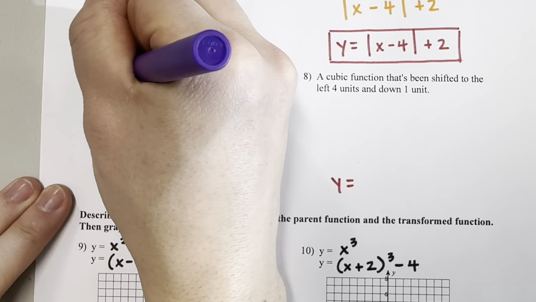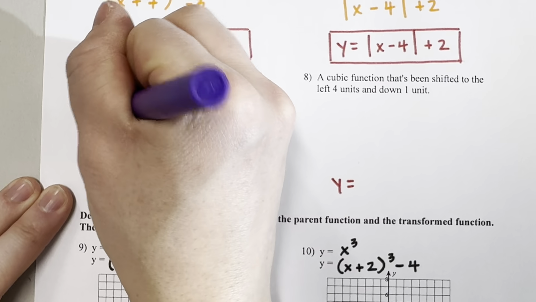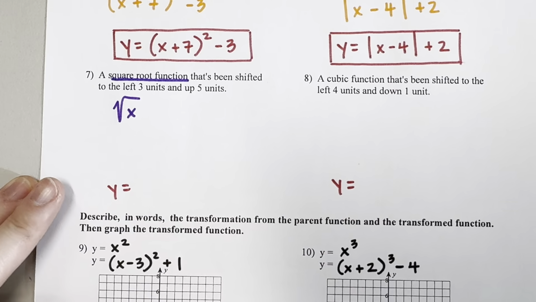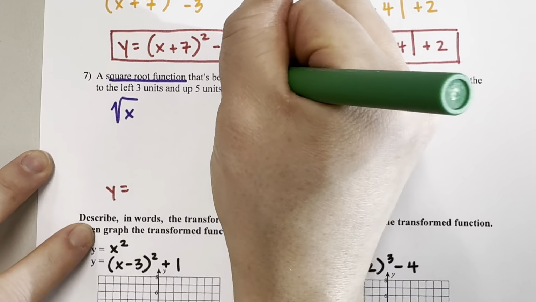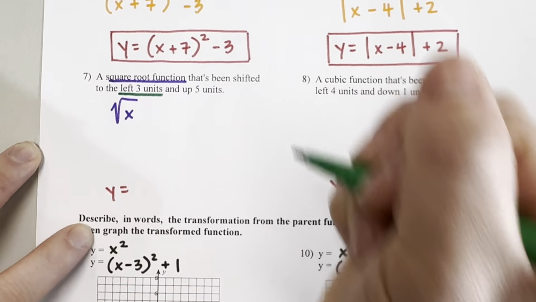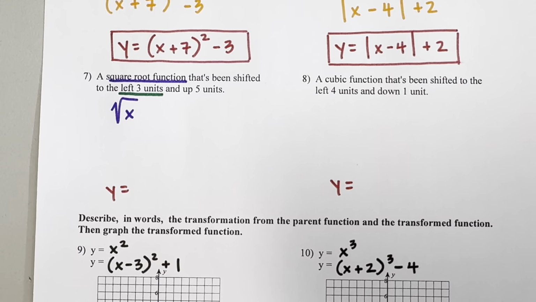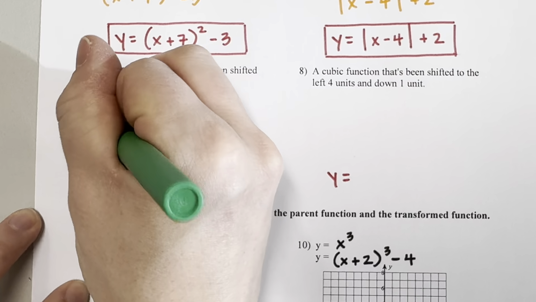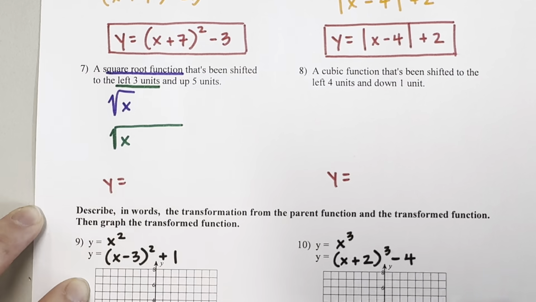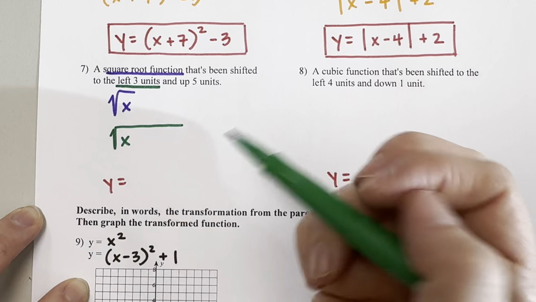A square root function, so the square root of x is what we're starting with. That's been shifted to the left 3 units. This one we're going inside our square root symbol because it's telling us to the left first. So open up our square root symbol. Left and right is always the inside of something.